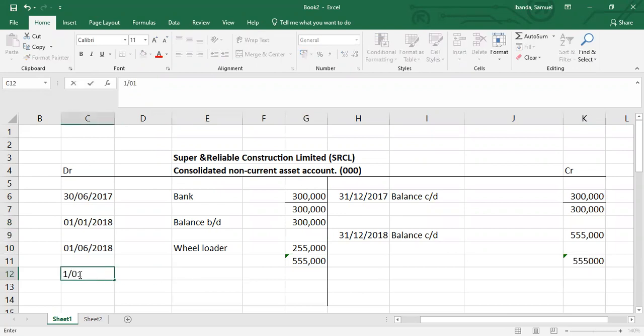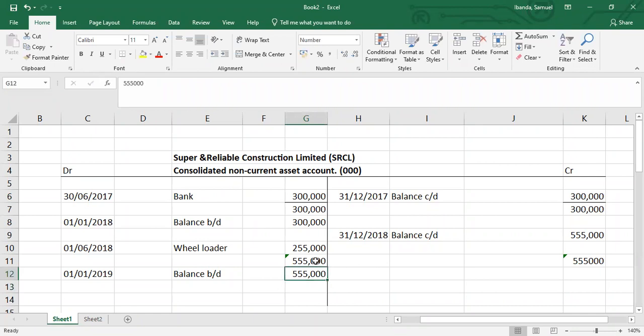So 1st January 2019, our balance brought down will be the cumulative value of all the assets that are existing. Will be that.